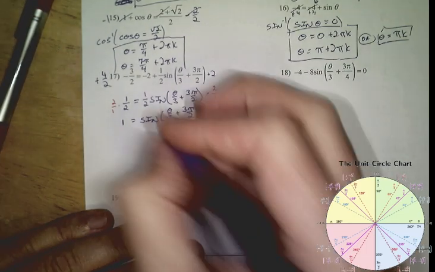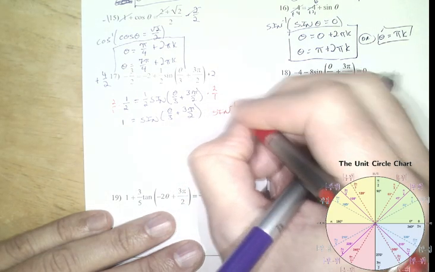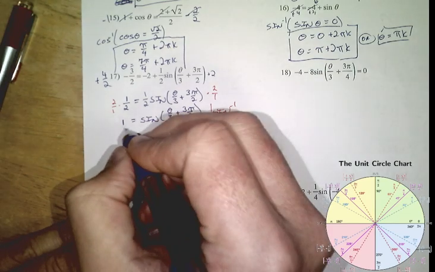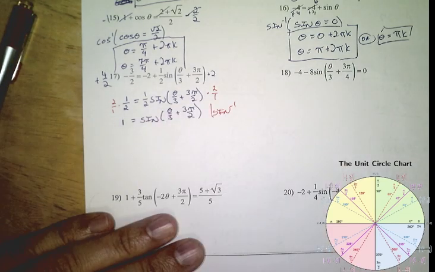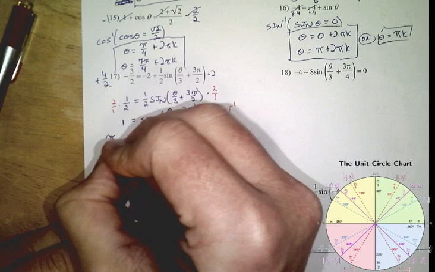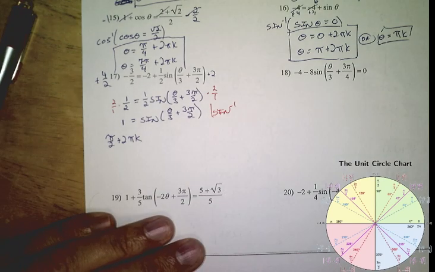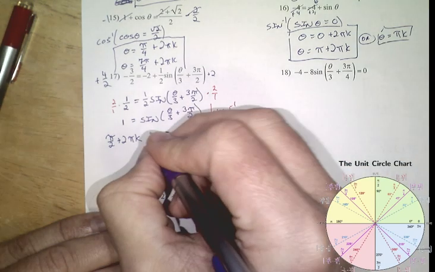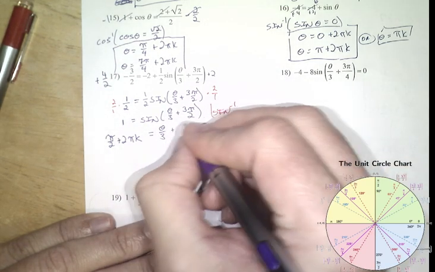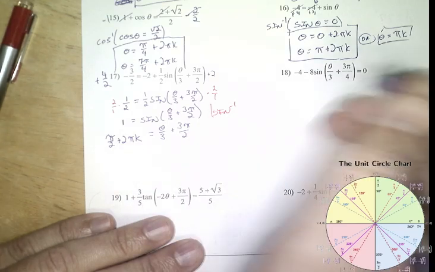Take inverse sine of both sides. Inverse sine of positive 1 is going to be pi over 2. So we have pi over 2 plus 2 pi k, can't forget the 2 pi k, is equal to theta over 3 plus 3 pi over 2.